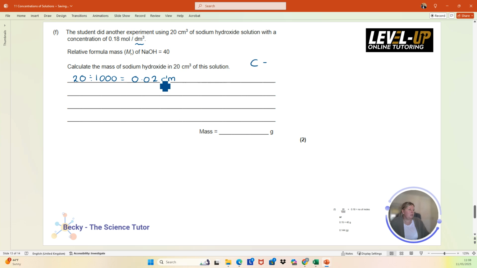Concentration equals mass over volume. We're wanting to find the mass. So we know the concentration. Trying to think where to write it so that it's not all too squished up for you. So 0.18 equals the mass that we are trying to find over the volume, which we just calculated is 0.02.